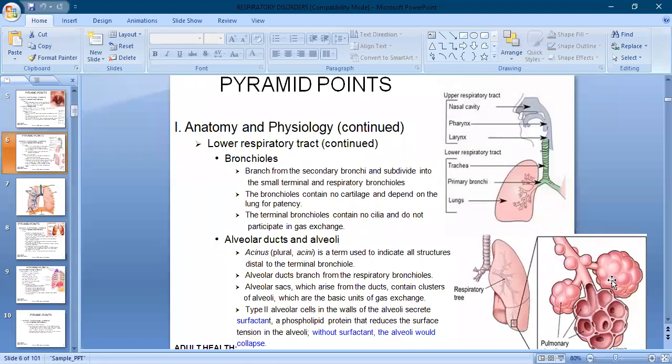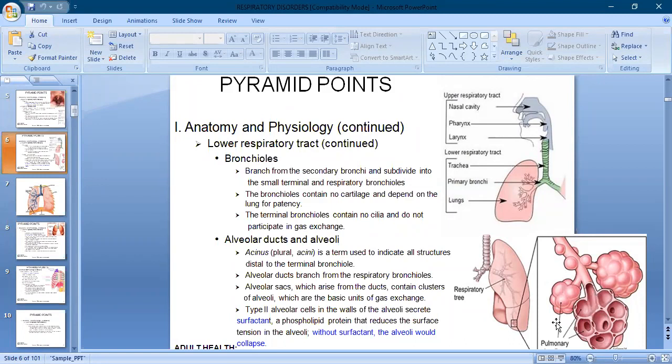Alveoli. If anybody has COPD or bronchial asthma, their alveoli do not relax. They are constricted. If they do not relax, relaxation and contraction are difficult, so it is difficult for respiration.